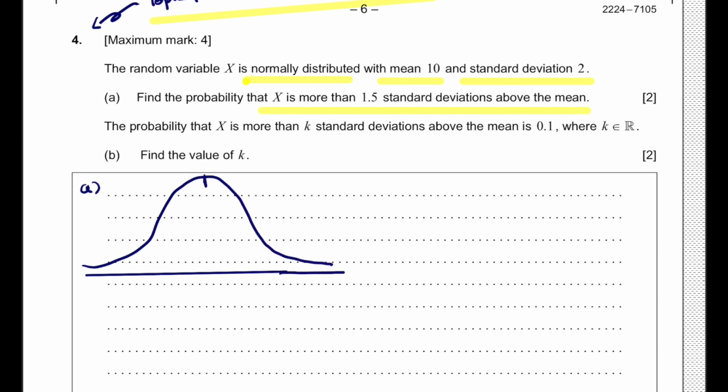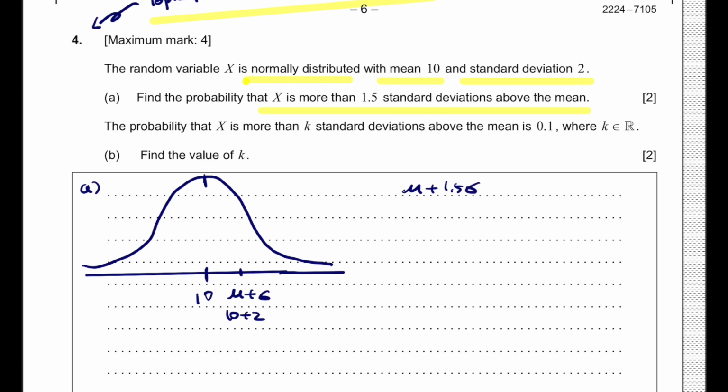And then we do know that the mean value is happening here, so 10. Then mean plus 1 standard deviation is the same as 10 plus 2, right? Then it says that we need to find the probability that x is more than 1.5 standard deviations above the mean. So the phrase means that the value x is greater than mean plus 1.5 standard deviations.